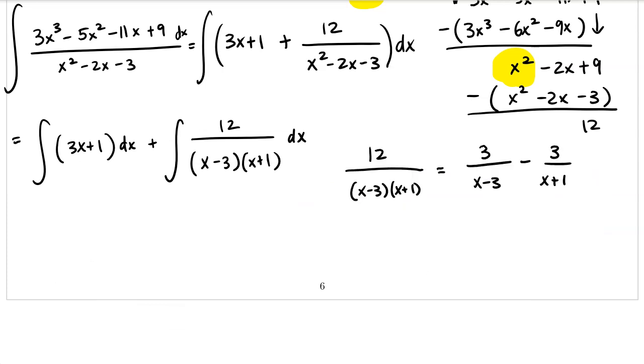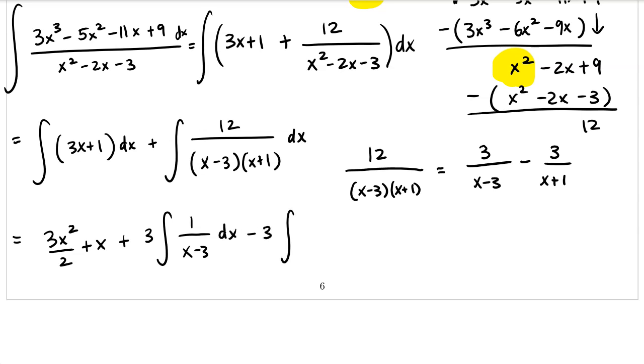Alright, so let's go ahead and evaluate these integrals that we have now. I'm going to use the power rule. We have 3x squared over 2 plus x, and then plus 3 times the integral of 1 over x minus 3 dx, minus 3 times the integral of 1 over x plus 1 dx.